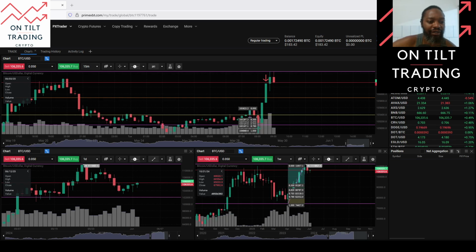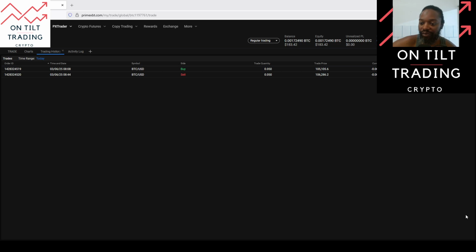Actually, let's look at my tickets before we go. Ticket-wise, we can see here at 8:08, bought in, and then at 8:44 we can see the sell position here, for about $56.